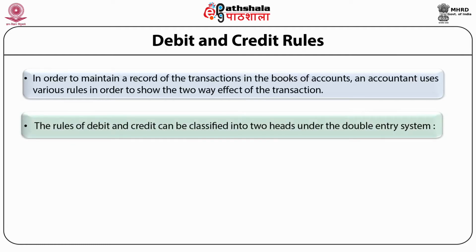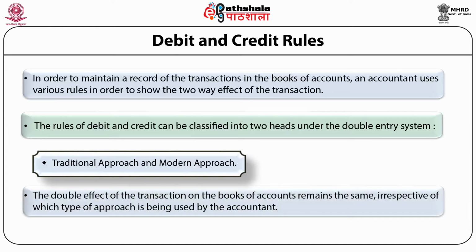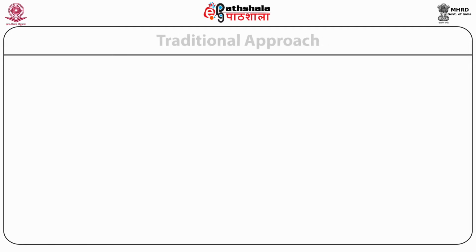The rules of debit and credit can be classified into two heads under the double entry system: traditional approach and modern approach. The double effect of the transaction on the books of accounts remains the same, irrespective of which type of approach is being used by the accountant.